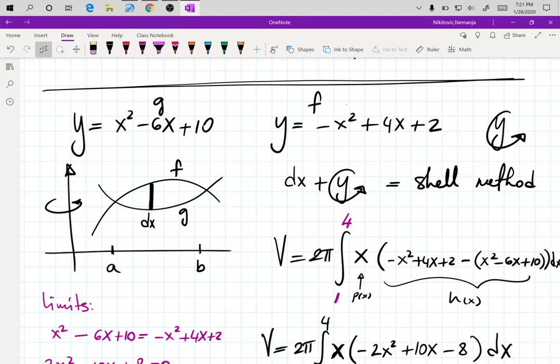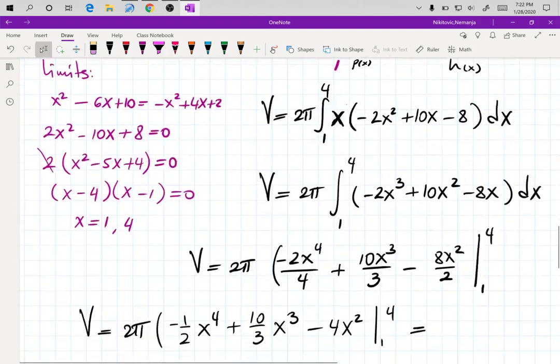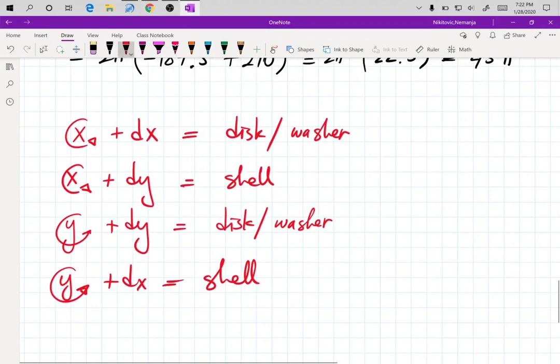This example, which I did here, cannot be done by the disk method at all, because you cannot flip the functions to be in terms of y to satisfy the condition y rotation plus dy to give you the disk method. So you were forced to use dx, and you were forced to use the y rotation, which means that we are forced to use the shell.